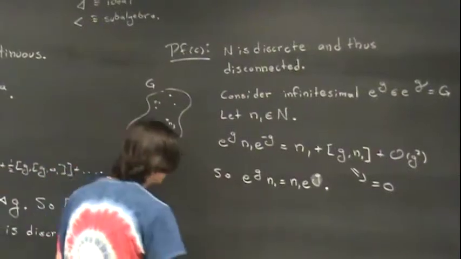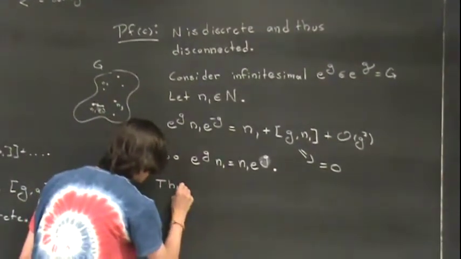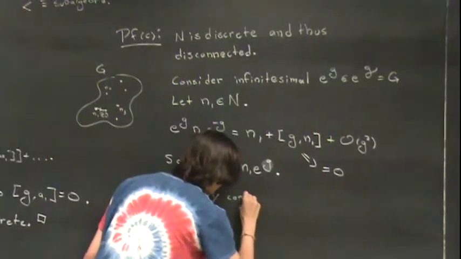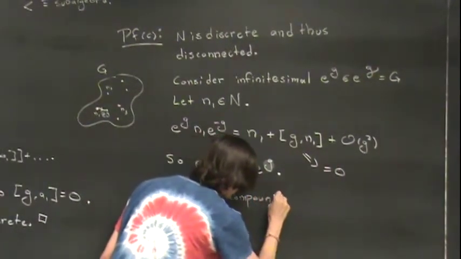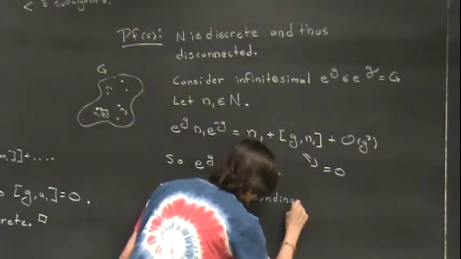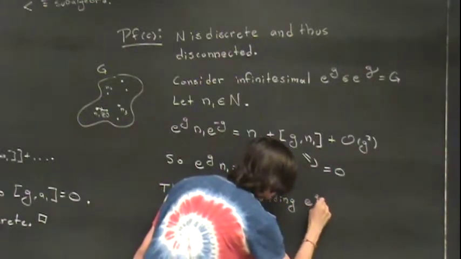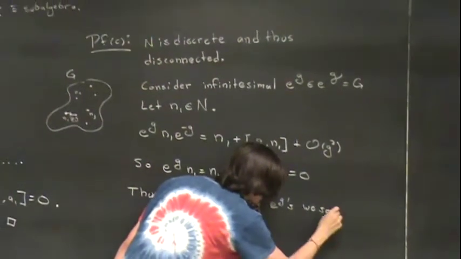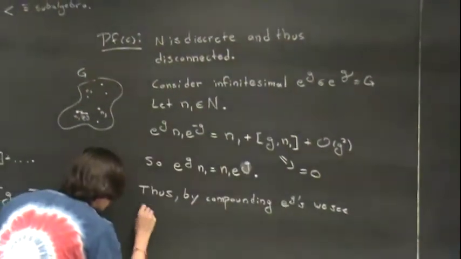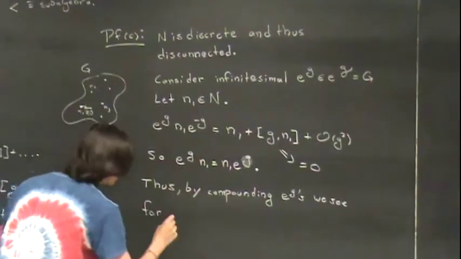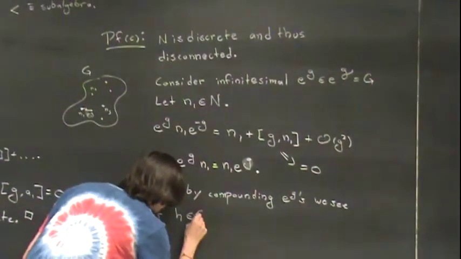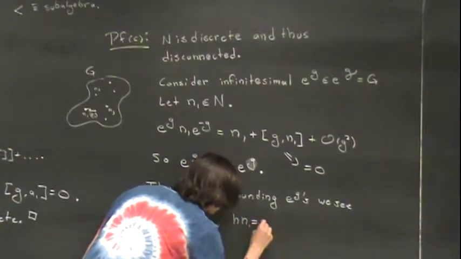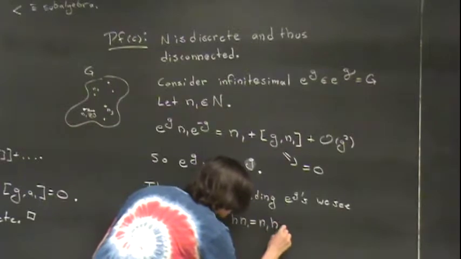And thus, by compounding e to the g's, we see that for some more general element h in the full group, h n1 must be equal to n1 h.